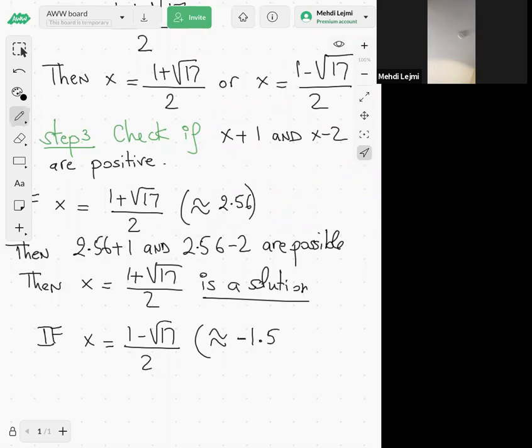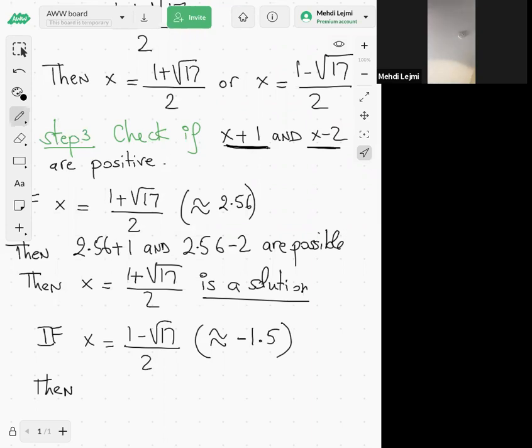Now, I have two conditions: I have x plus 1 and x minus 2. They must be positive, that's the definition of the log. Log is only applied on positive numbers. So if I have log of x plus 1, I have to make sure that x plus 1 is positive.